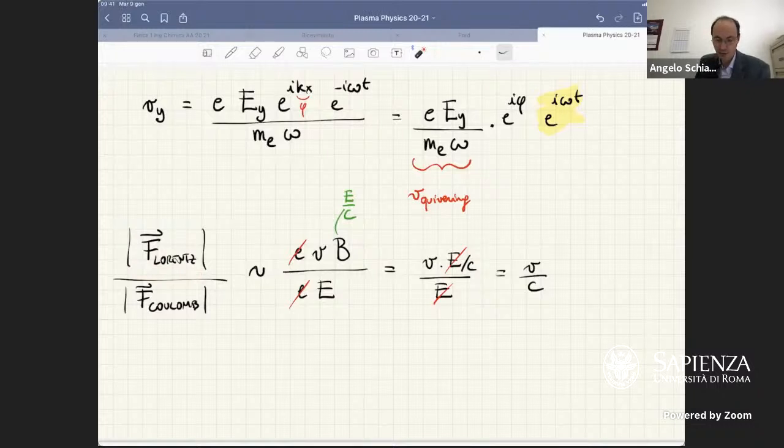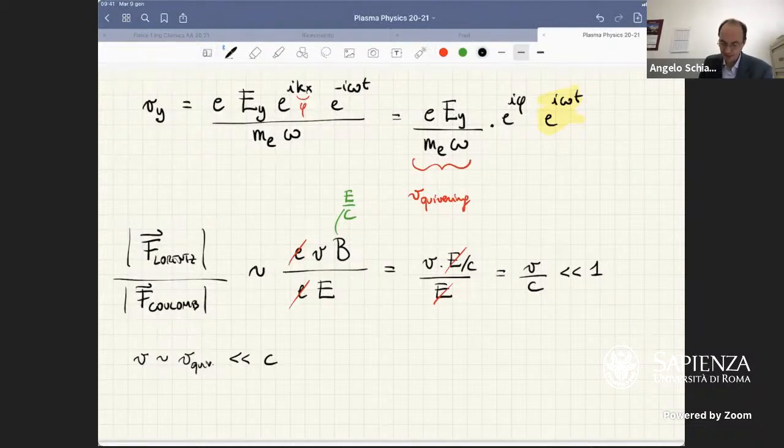And we see that if we want to neglect the Lorentz force, we are asking that the typical velocity of the electron, which is the quivering velocity, the order of magnitude of the oscillation in the electromagnetic field, has to be much smaller than the speed of light. In that case, we can neglect the V cross B force.